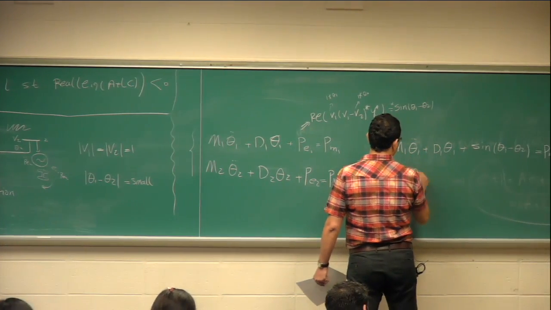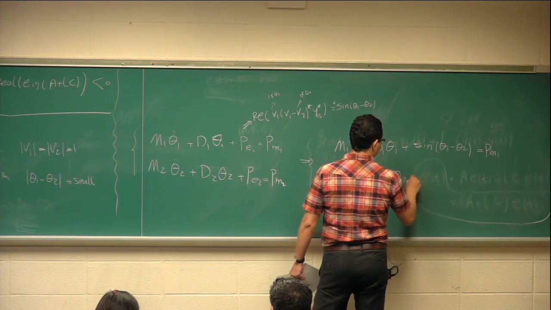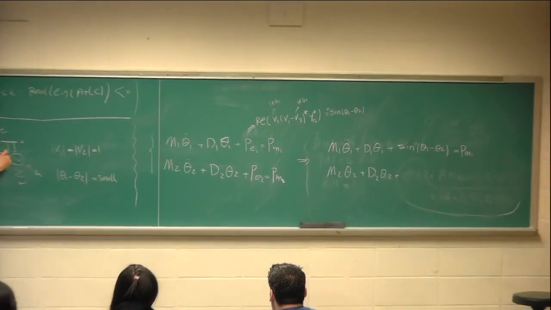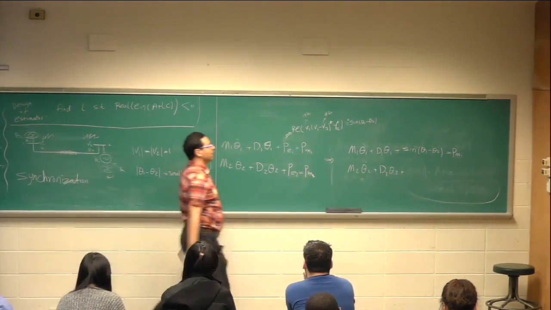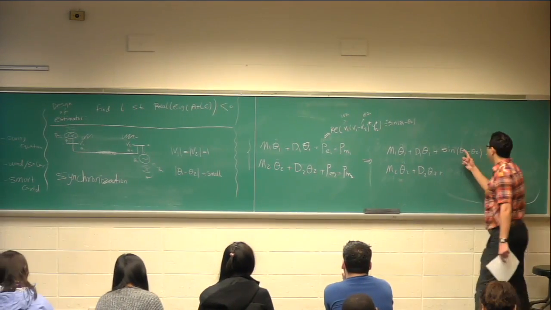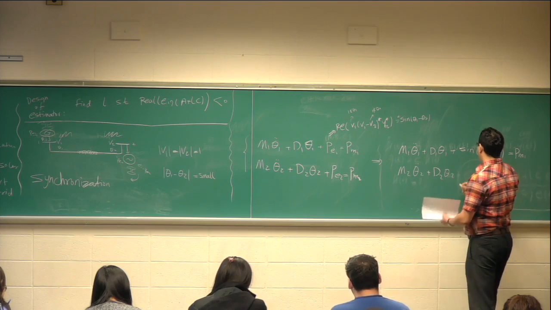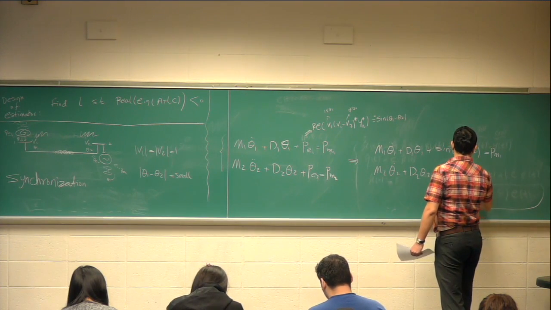M2 theta 2 double dot plus D2 theta 2 dot plus the power going in this direction. In a lossless network it's minus the power going that direction. So in fact, we're going to get sine of theta 2 minus theta 1, or putting it differently, minus sine of theta 1 minus theta 2.